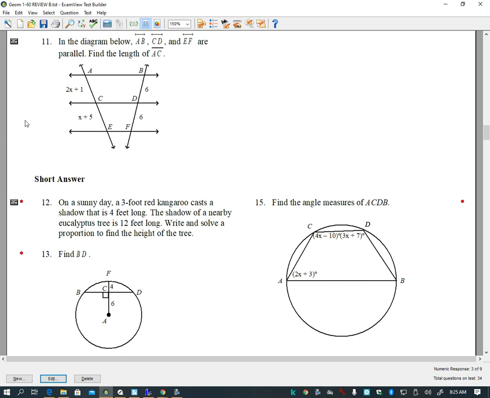The lesson that we're taught here is that whenever I have multiple parallel lines cut by transversals, those transversals are divided proportionally by those parallel lines, meaning that I could set up a proportion of 2x plus 1 over x plus 5 equal to the sides opposite of 6 over 6. Does that make sense?